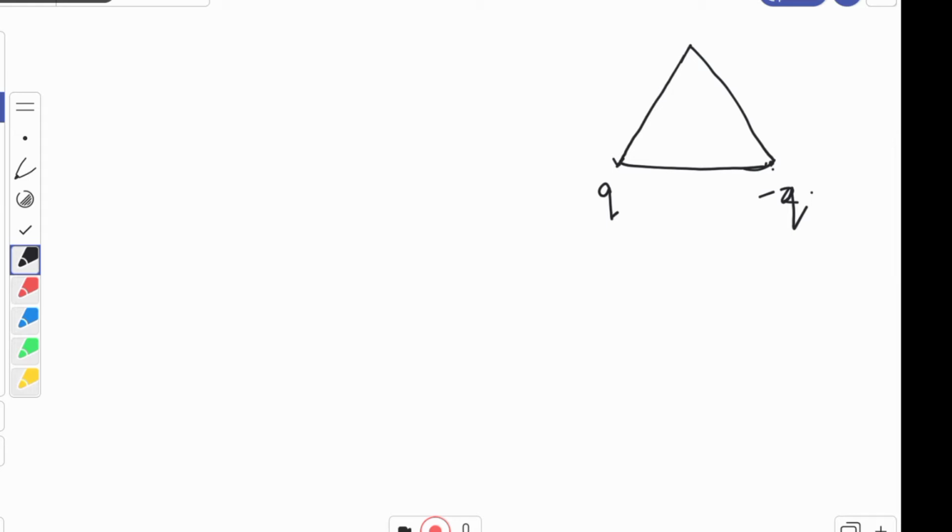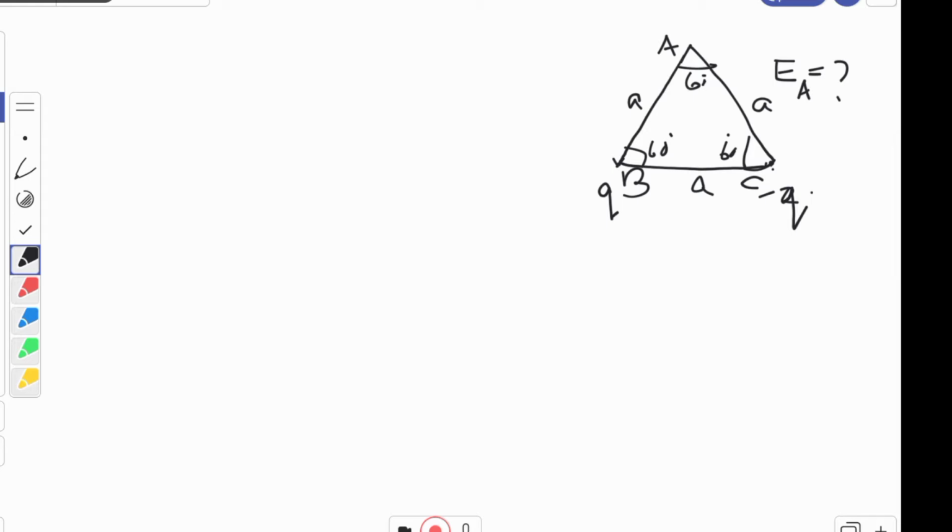Here we'll name it A, B, C, and this is equilateral, 60 degree, 60 degree and 60 degree. Each side is a. Then we have to find out EA due to two charges placed at B and C.